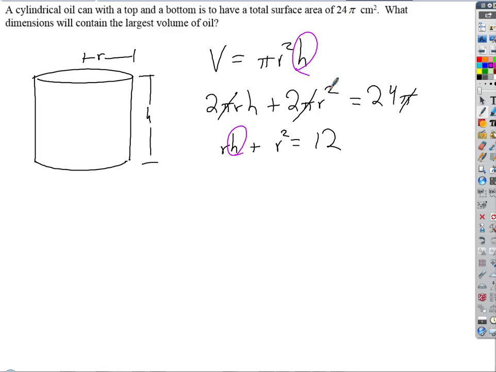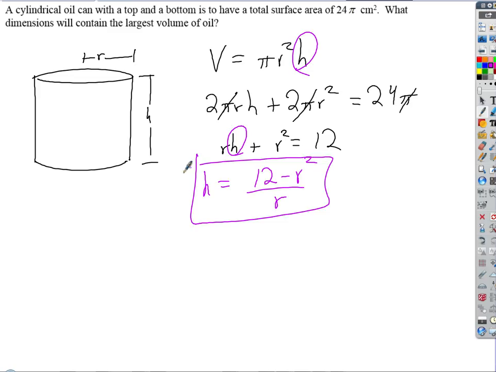So we'll solve for h, and h equals 12 minus r squared over r. Put a box around it. There's our substitution equation. Okay, let's pause there. Does that make sense? Okay, so that's the structure we always want.